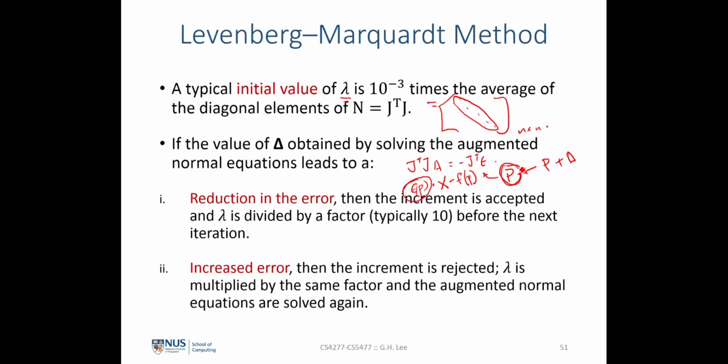This means that the newly computed P value will be discarded, and we will take the P value at this particular iteration to be the same as the P value in the previous iteration, and lambda would be multiplied by the same factor, and the augmented normal equations are solved again.